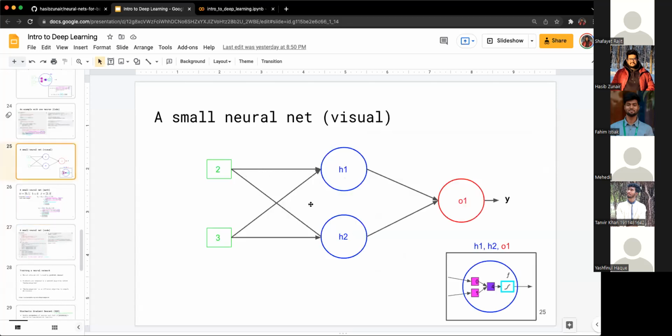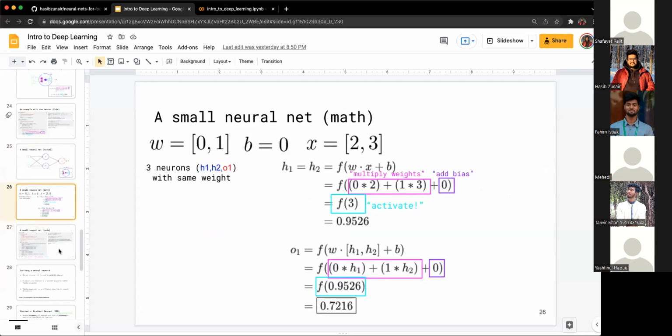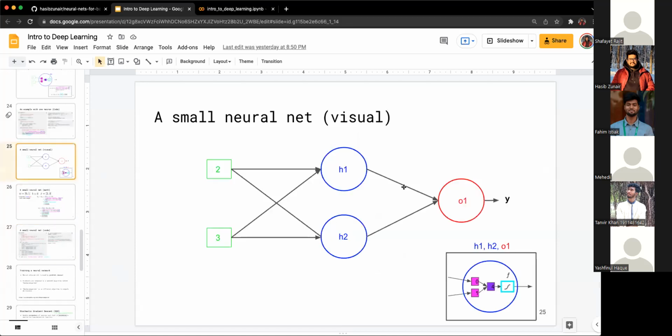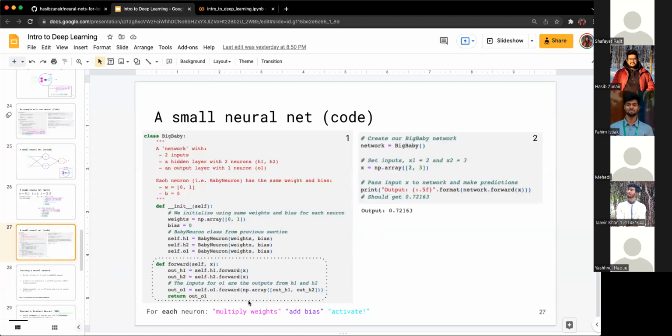Same as what's happening in this figure and also in this part of the math. When we have these outputs, out H1 and out H2, we simply use them as inputs to the neuron O1. We again do the same process as previous: we just multiply the weights, add a bias, and activate.